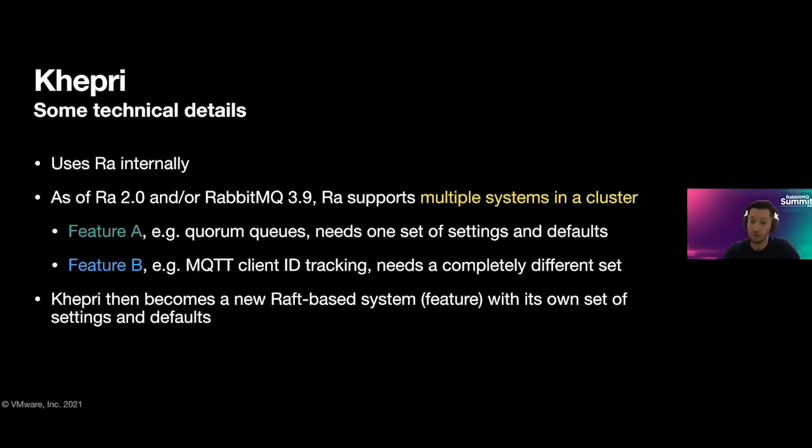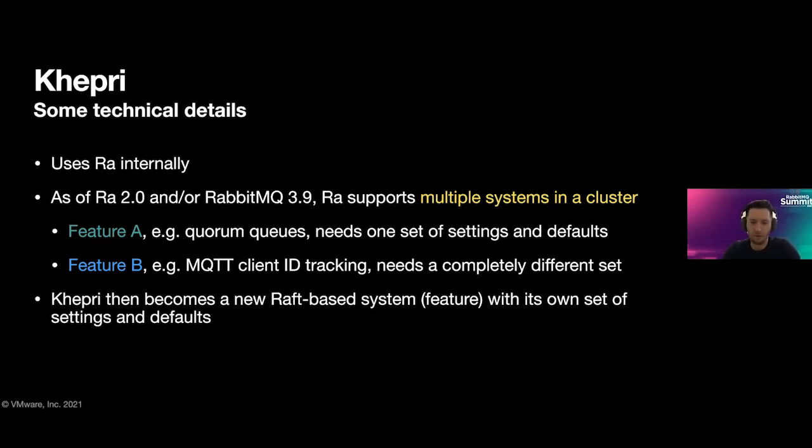So what is a Ra system? Imagine a feature such as quorum queues that uses Ra and it optimizes for, say, throughput. It needs a certain set of settings and defaults, even though there is no such thing as a good default. Unfortunately, some defaults are slightly more optimal for most users. You have to optimize for something inevitably.